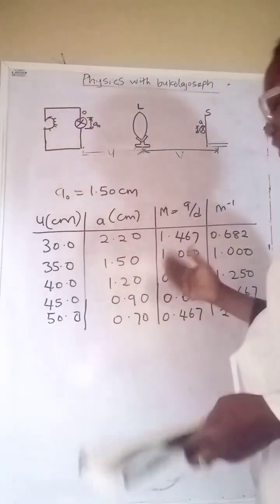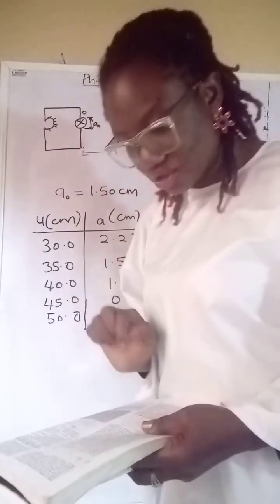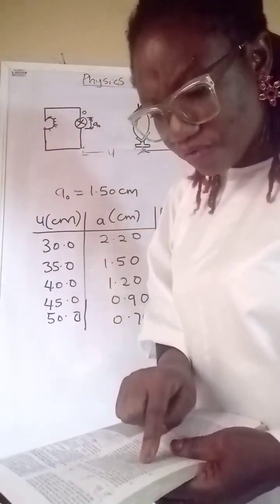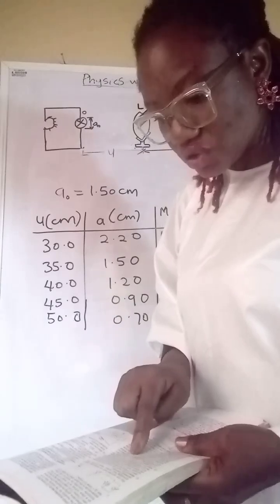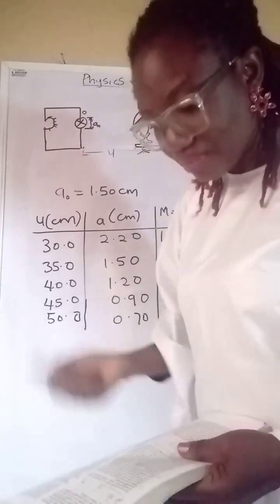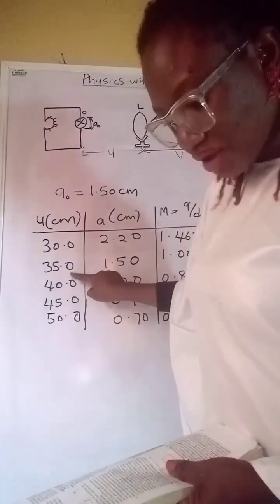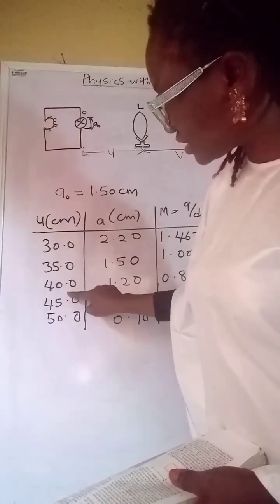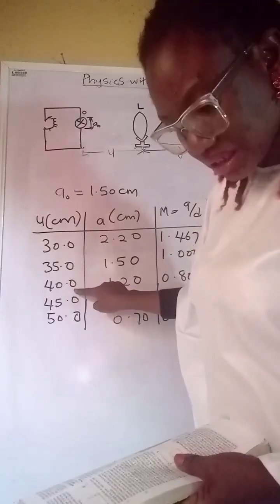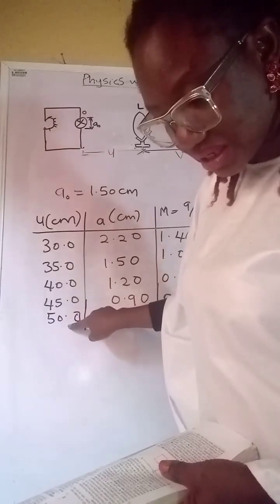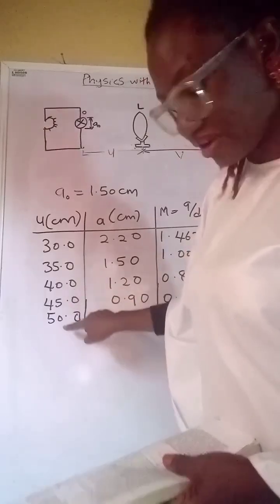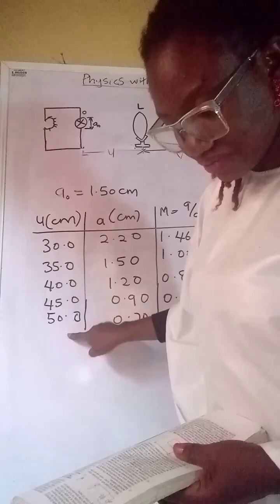Then you repeat. Let me read the instruction. Repeat the procedure for 4 other values of u equal to 35 centimeter, 40 centimeter, 45 centimeter and 50 centimeter respectively.